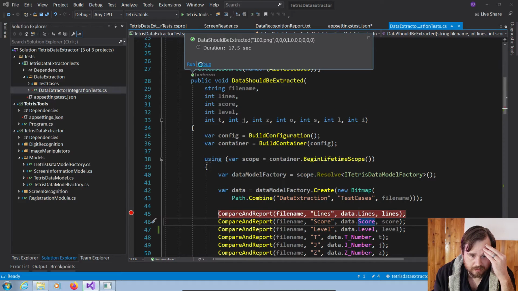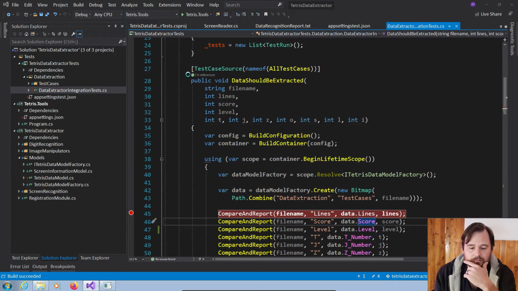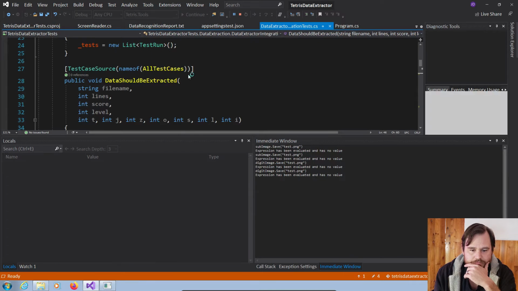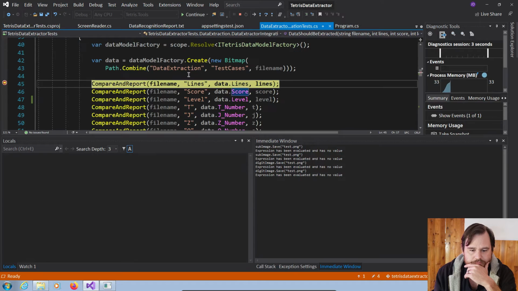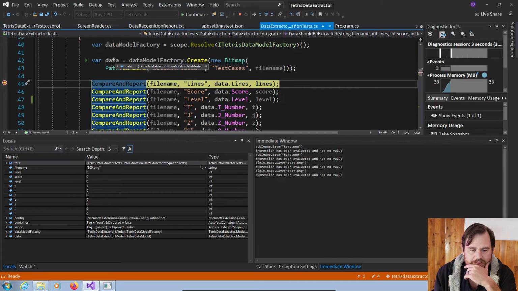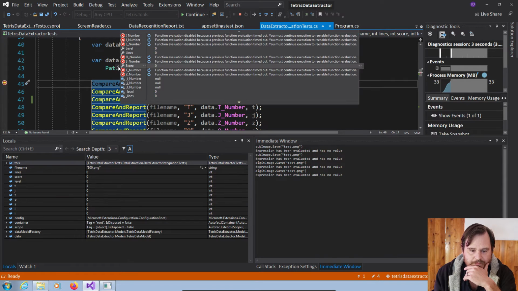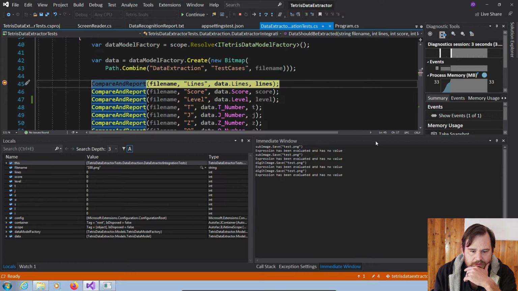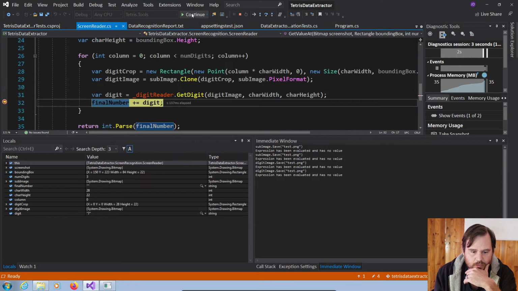So let's debug this and see what I get. I've got some weird stuff going on here.